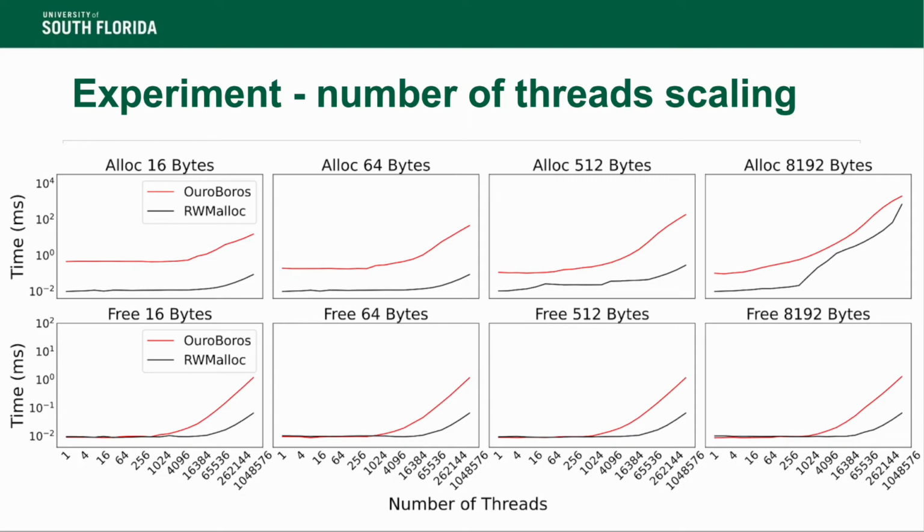Here RW malloc is faster than Ouroboros by up to 3 orders of magnitude, and the improvement is higher as the number of threads grows, except for 8 kilobyte allocation, because this much allocation depletes the memory pool and brings our system into the worst scenario. Similarly, RW malloc performs better in freeing memory as the number of threads grows, by up to an order of magnitude.